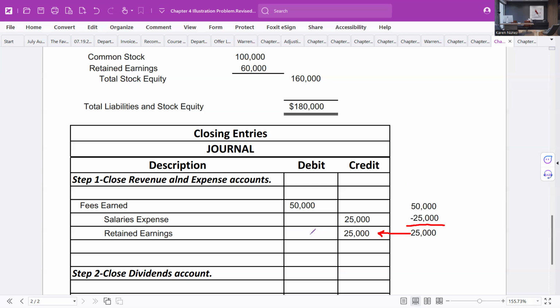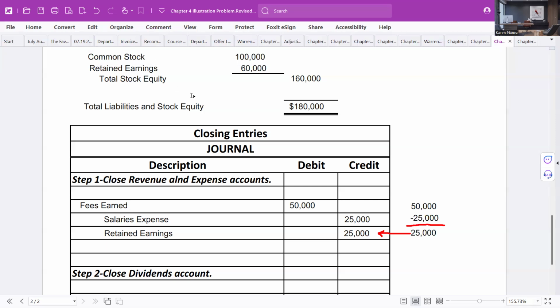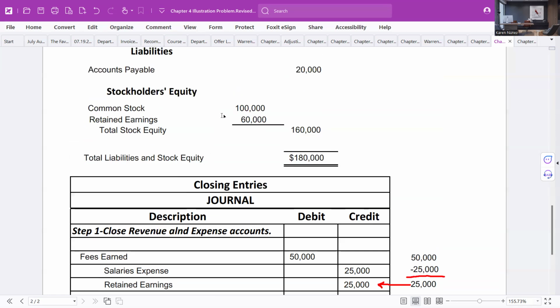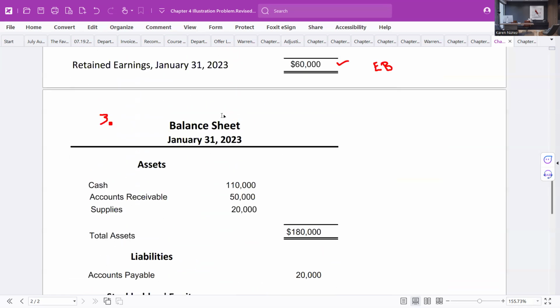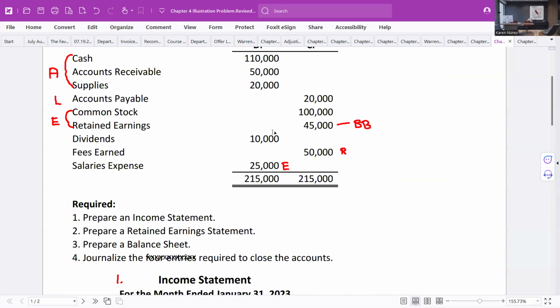Okay? And then that second step is to close the dividends account. Now, dividends has a debit balance. To close it, we're going to have to credit it. And the offsetting item in that entry is retained earnings. So we have dividends that has a balance of 10,000. We'll be crediting dividends.